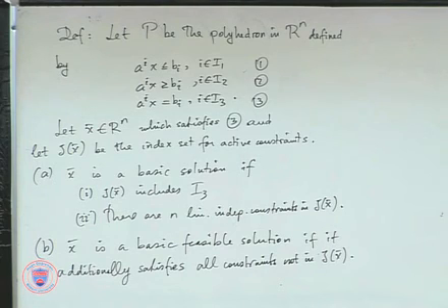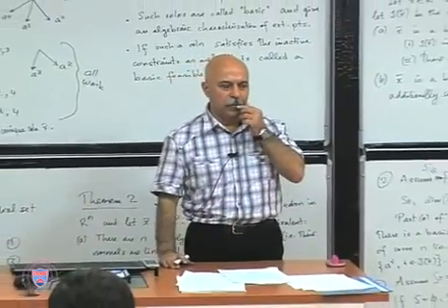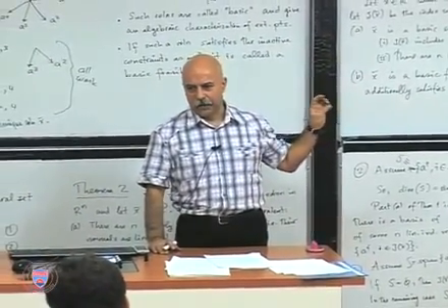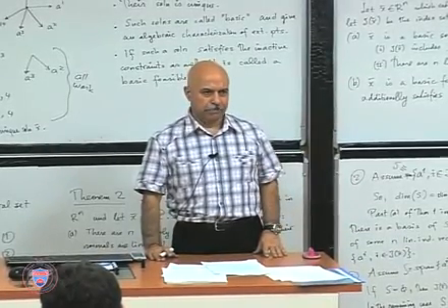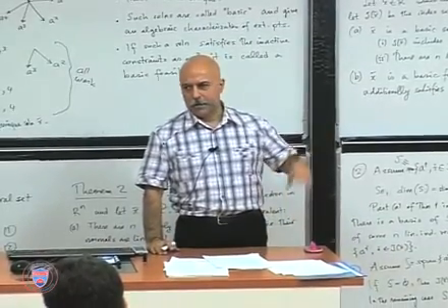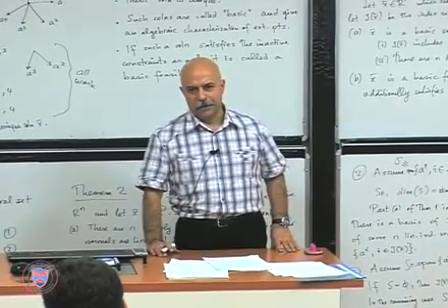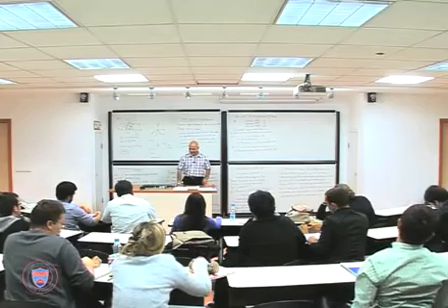Okay, AX equals B with non-negative variables, x greater than or equal to 0. In that case, the basic solutions could be defined more easily than here. But this is the general definition. It applies to any polyhedral set. Okay, and we'll see some ramifications of that in the next lecture on Monday. See you on Monday then.